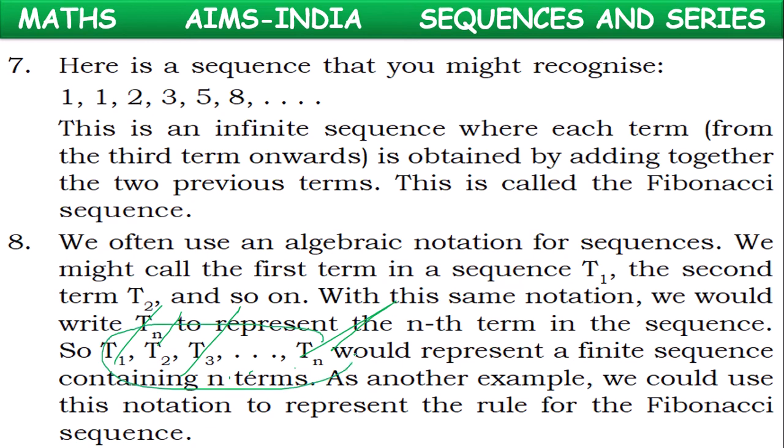If you have terms like this, then this group of terms represents a finite sequence containing n terms. For the Fibonacci sequence also, we have some other kind of representation. This is the representation of all the elements of a group of numbers in the sequence, starting from T1, T2, T3 up to Tn.